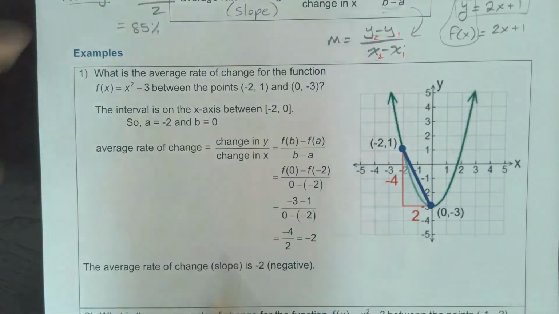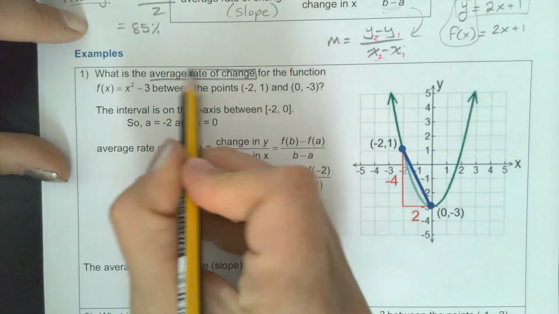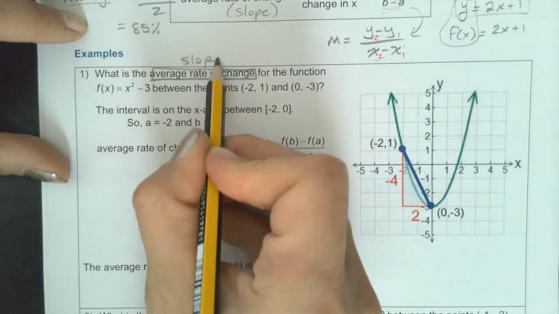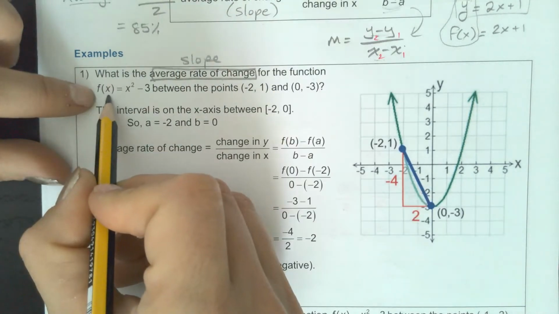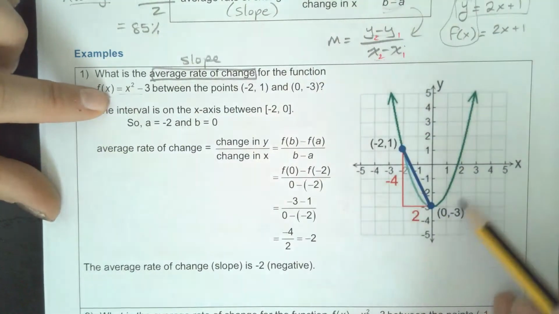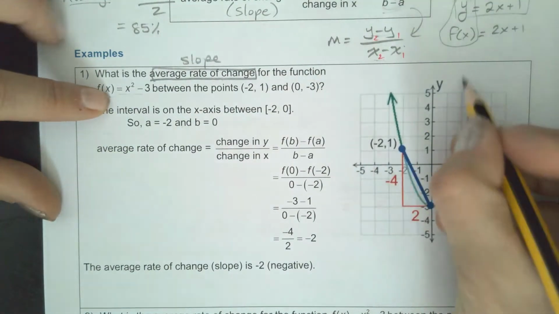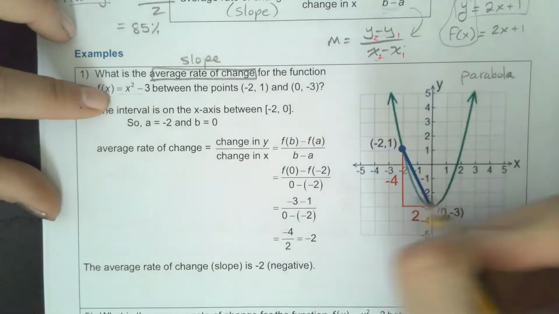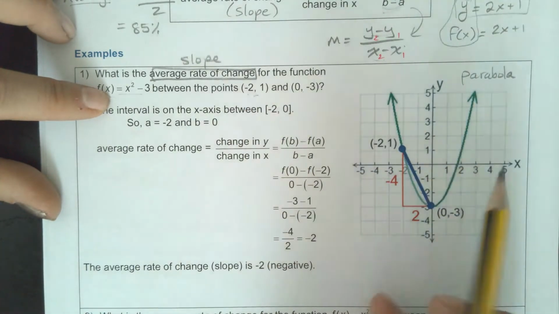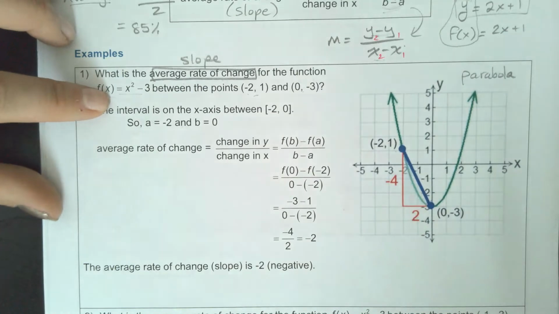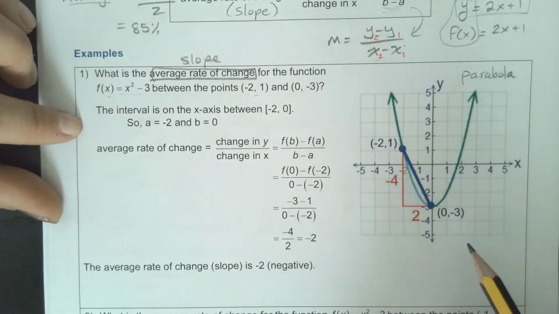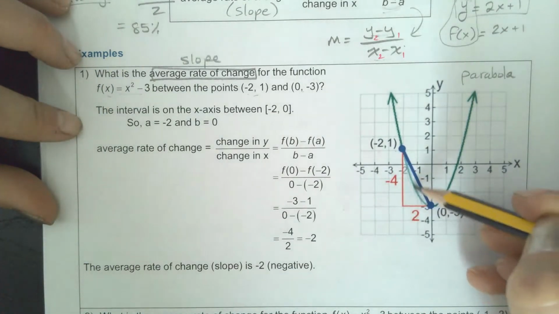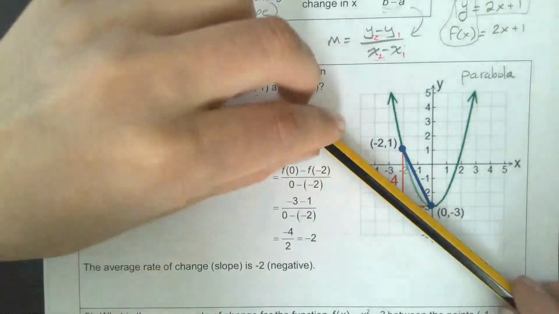So it says, what is the average rate of change? What is the slope for the function, this, which is the green line, a parabola? That's the name of the shape. Between these 2 points. So I have these 2 points and I say, what's the slope between those points? If I look at the green line, the slope is changing.